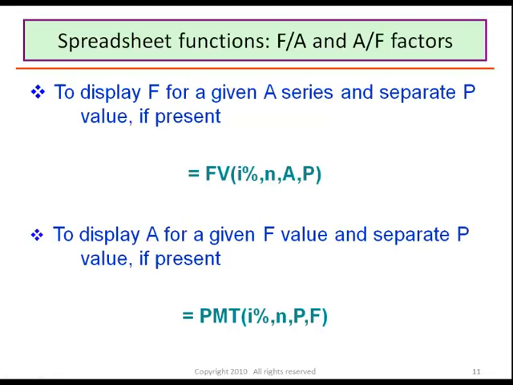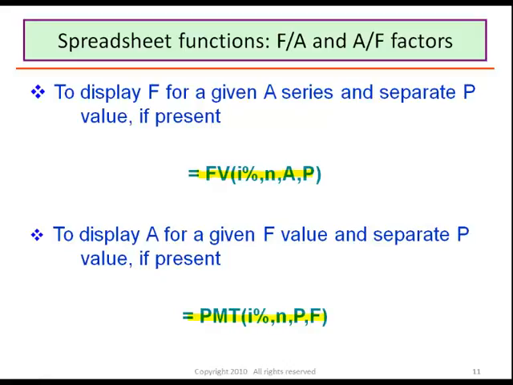Now for the spreadsheet functions that provide the F and A equivalents. The future value, or FV function, requires an A series amount and can include a single present worth amount P. As before, P can be omitted or set equal to 0 if it is not involved. The same payment, or PMT function, that we used to find A earlier is also used to determine A when F is entered.